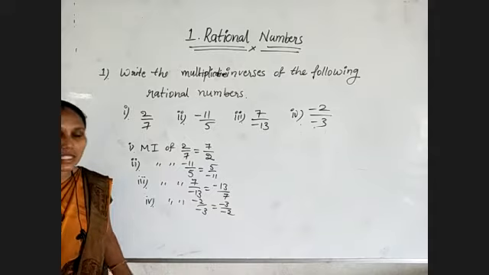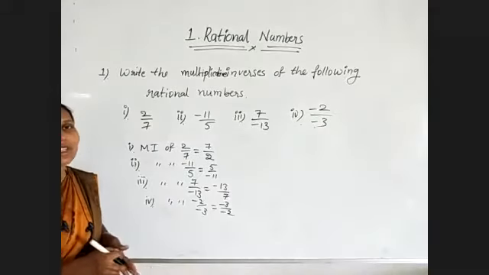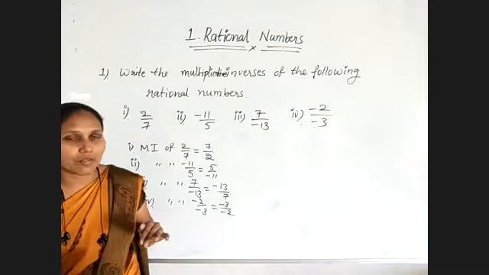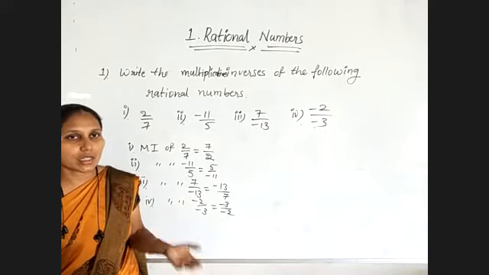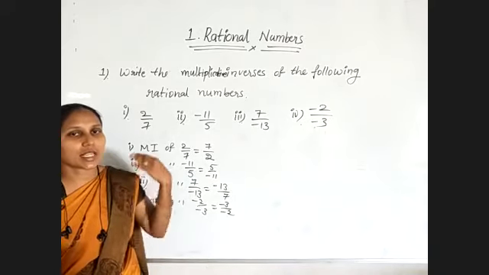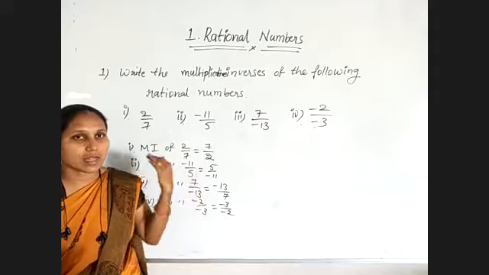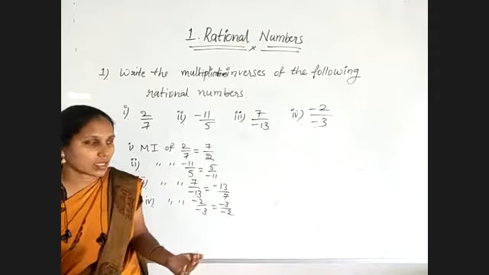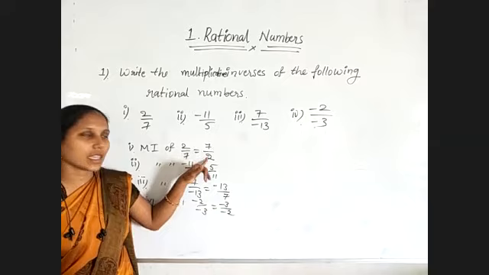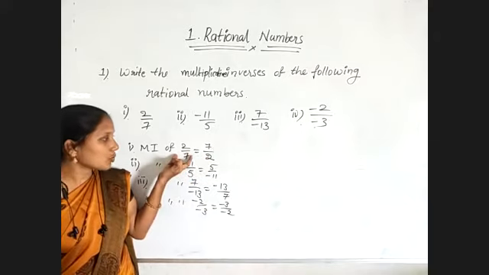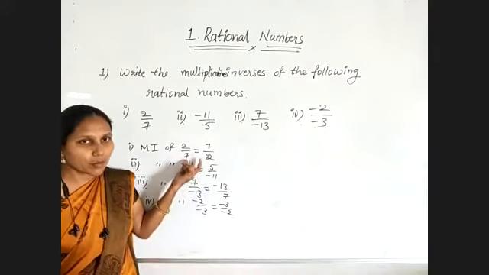That's the only difference. Additive inverse means we get the same number, but the sign changes. If plus is there, we will get minus; if minus is there, we will get plus for additive inverses. In case of multiplicative inverse, we will get whatever sign they have. 2 by 7 has a positive sign, and its reciprocal 7 by 2 also has a positive sign.